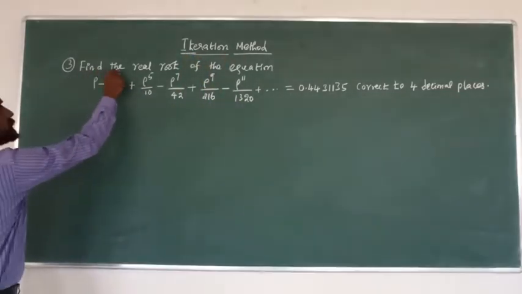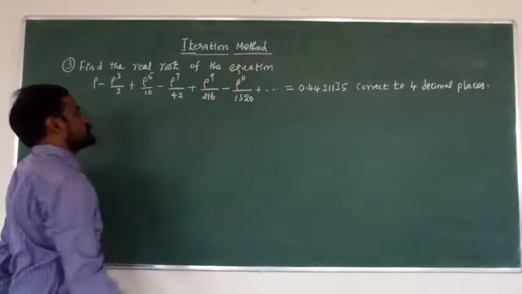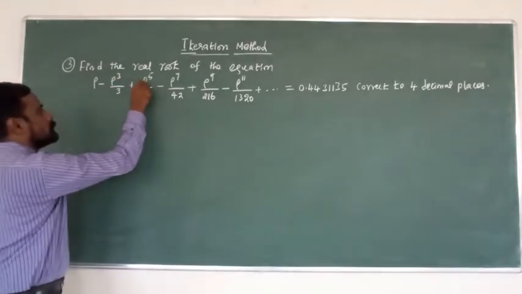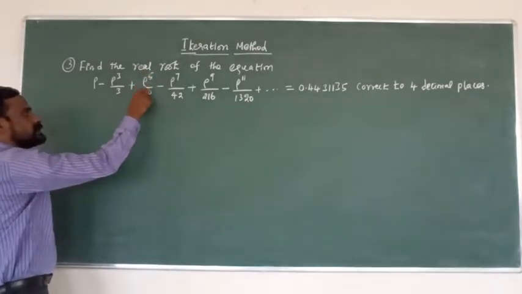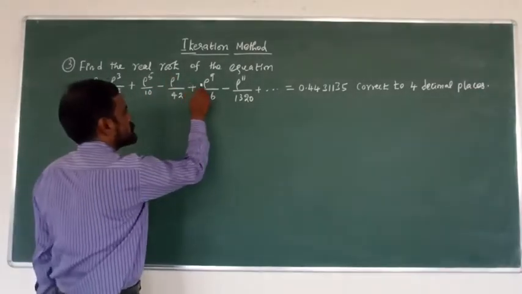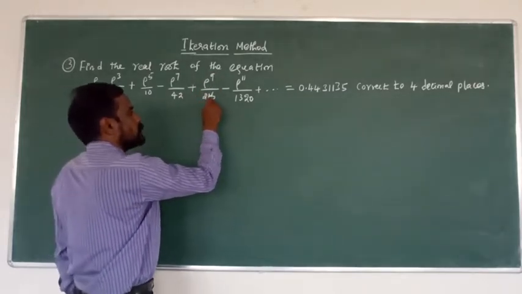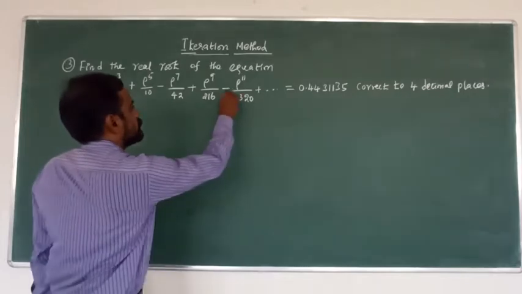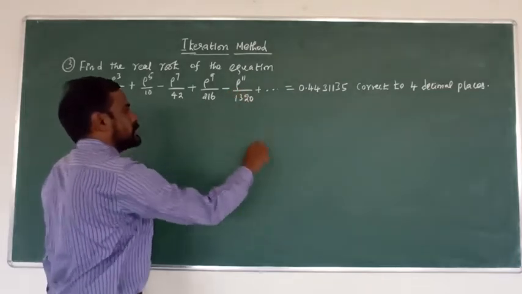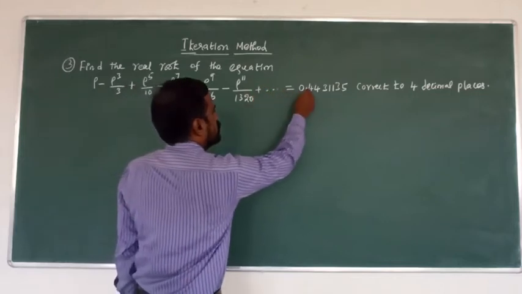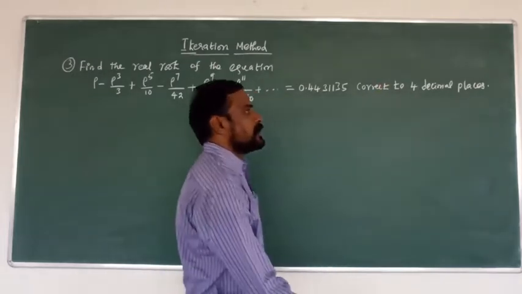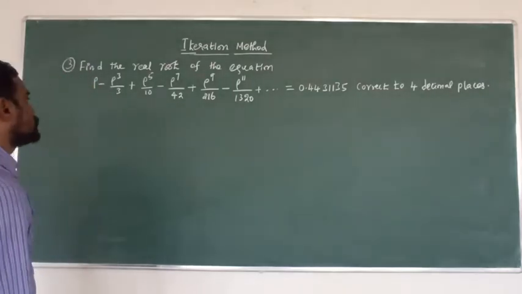Third sum: find the real root of the equation rho minus rho cube divided by 3 plus rho power 5 divided by 10 minus rho 7 divided by 42 plus rho power 9 divided by 216 minus rho power 11 divided by 1320 plus dot dot equal to 0.443135, correct to 4 decimal places.